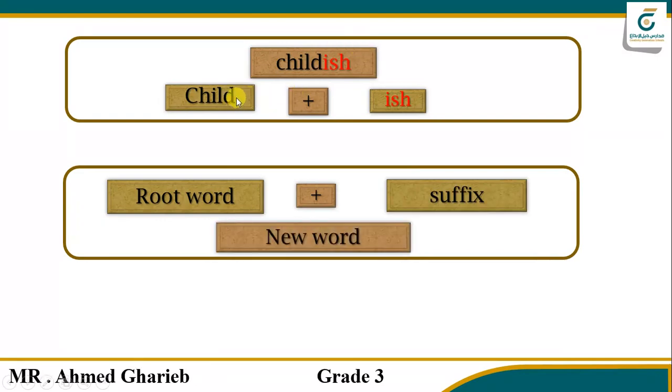The root word was a noun. When we added the suffix ish, it changed the noun into an adjective, childish, and it means an adult that behaves in or as a child. Okay, so the suffix ish changes the noun into an adjective.